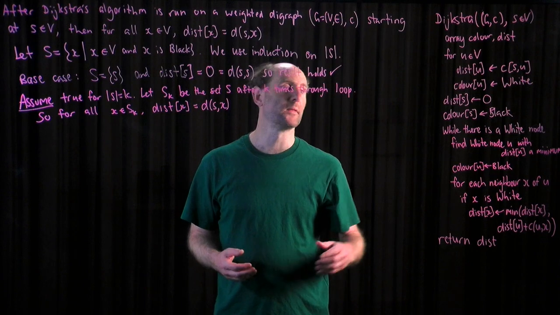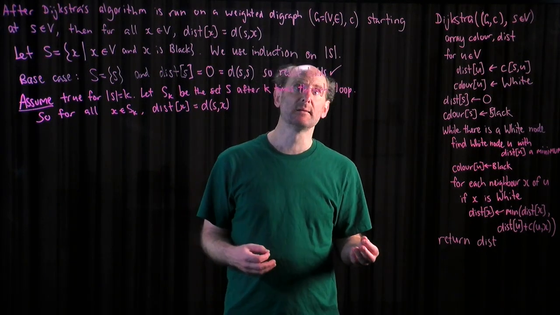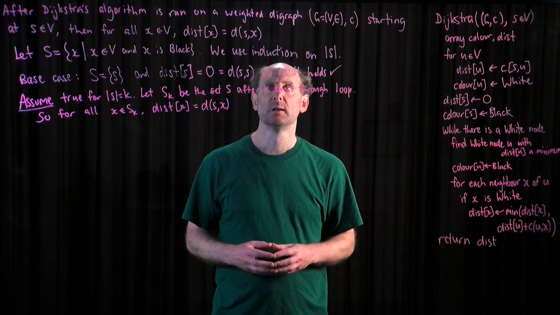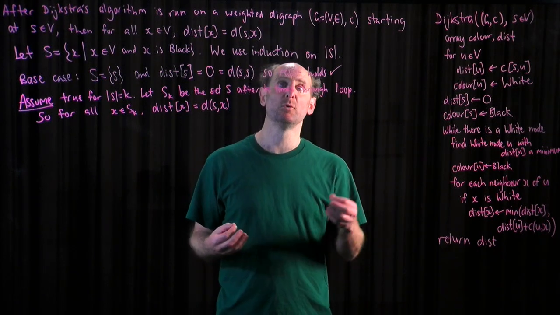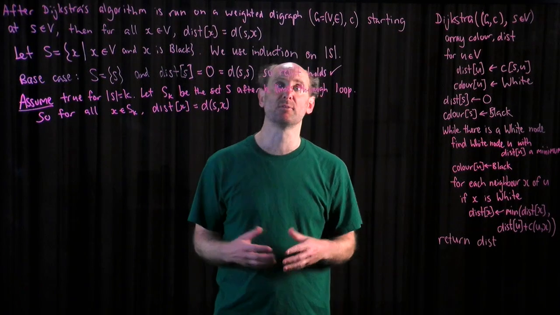Now we want to show that after one more iteration, the node added has the desired property. Let's say that node U is the node added after the k plus 1th pass through the loop.